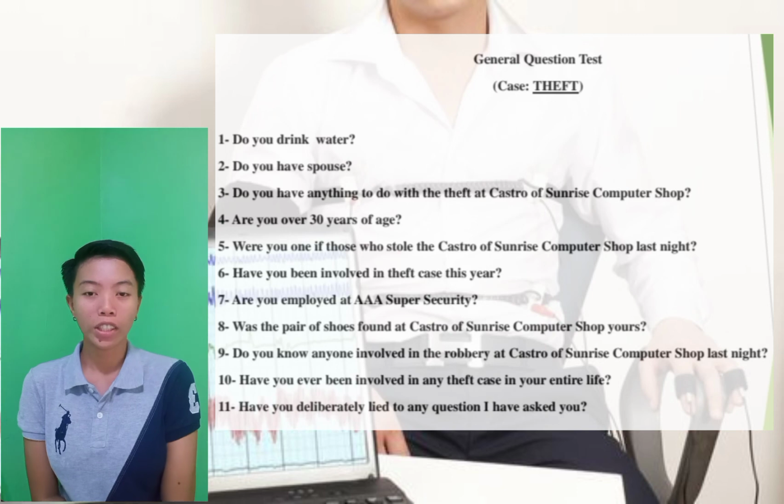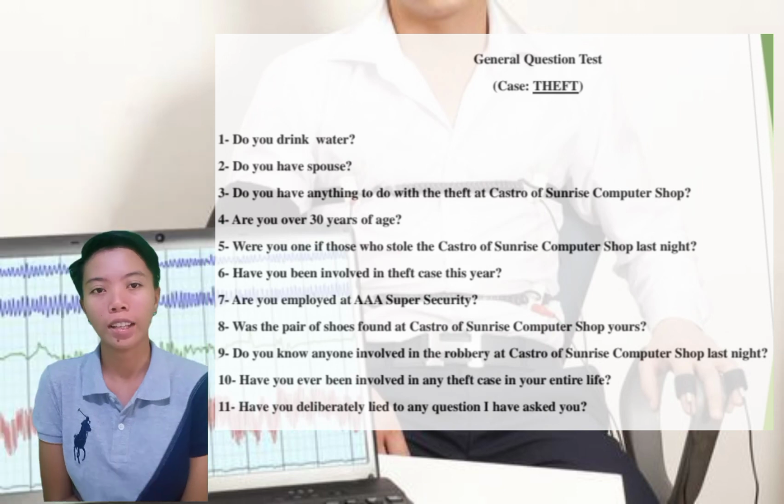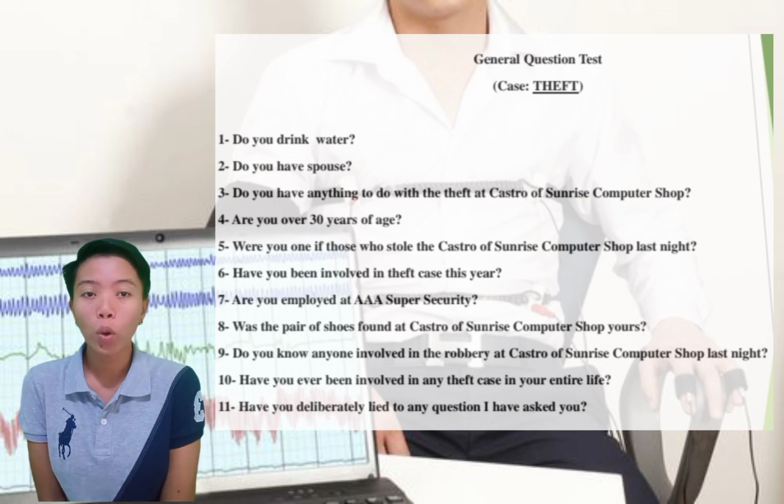Sample questions in a general question test. Do you drink water? Do you have a spouse? Do you have anything to do with the theft at Castro of Sunshine Computer Shop? Are you over 30 years old? Were you one of those who stole from the Castro of Sunshine Computer Shop last night? Have you been involved in the theft case last year?